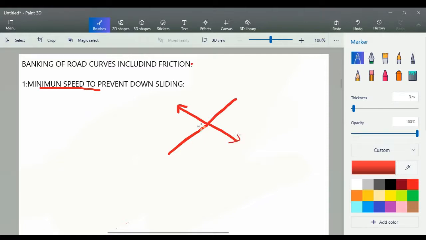This is the normal force, and this is the weight, which is split in this way. There is a theta, and there is mg cos theta, while in that direction the force will be mg sin theta.